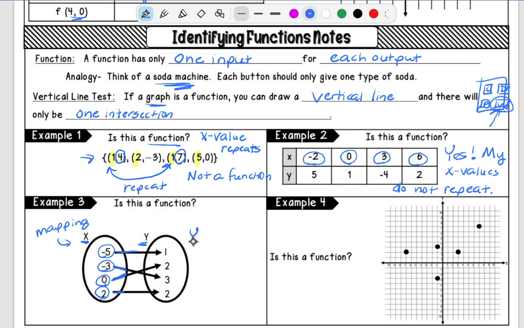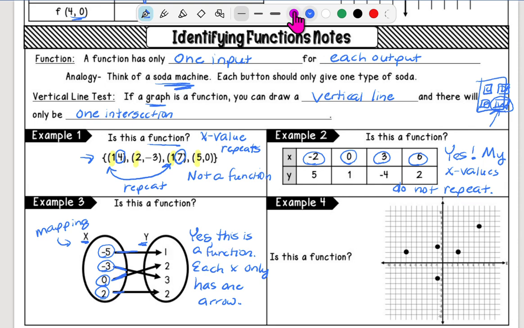So yes, this is a function. Each x only has one arrow. It's only pointing to one number over here.